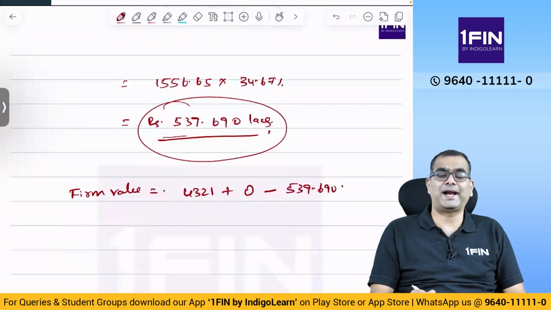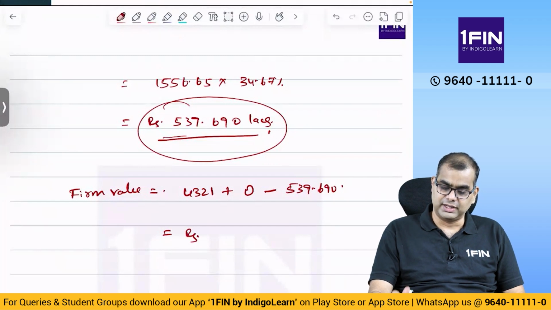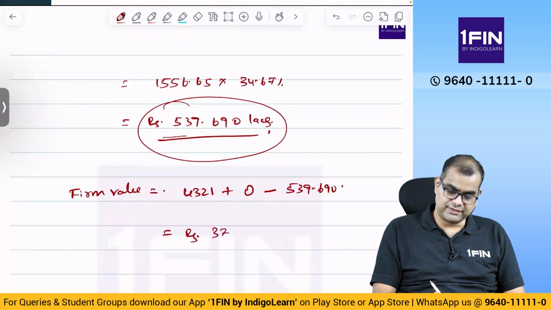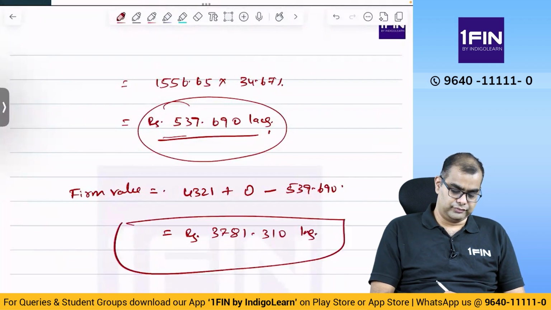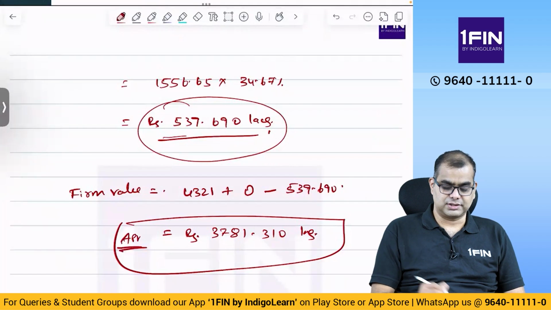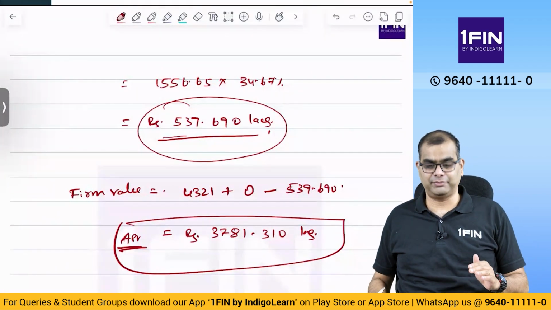That you are subtracting from the value of the company. So, you get rupees, again change it to minus and then add 4321, I get 3781.310 lakhs. APV is this.